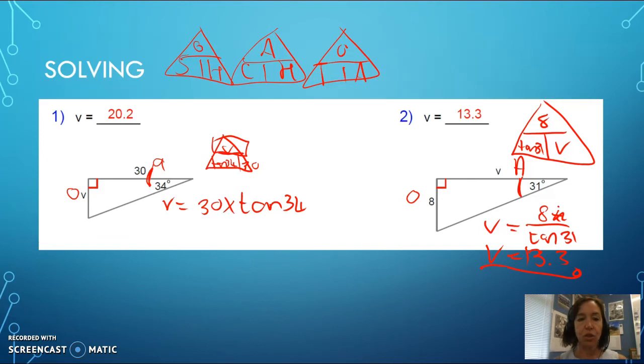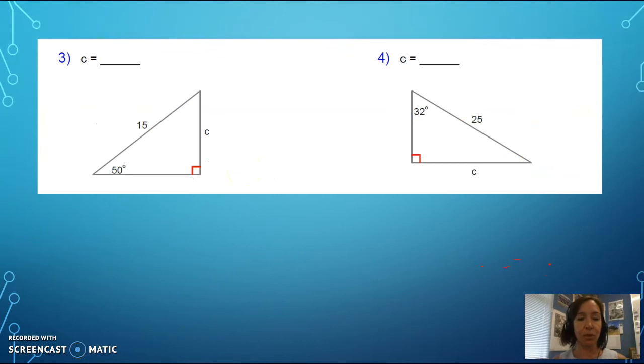So using the triangles can be a very effective way of working out what your answer is. You just need to remember, if it's above, it's dividing whatever's above by the tan, and if it's next to it, you are multiplying.